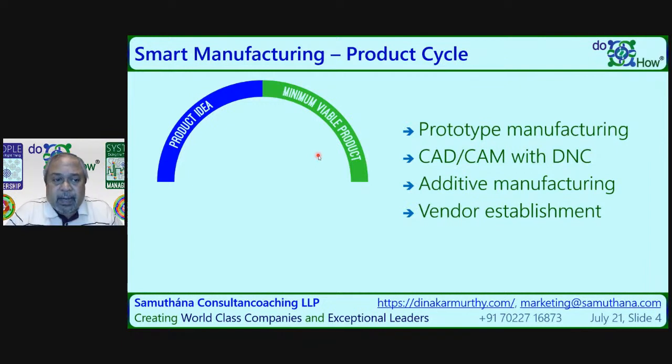That would be the main criteria, apart from what kind of customers they serve, what competencies they have, what their vendor base and ecosystem are like. You would also assess their structure, hierarchy, how many people, whether it is only one man dependent or an organization run professionally. All these factors are considered when a vendor is established for regular production. Whereas for prototype manufacturing, the conditions and criteria are totally different.